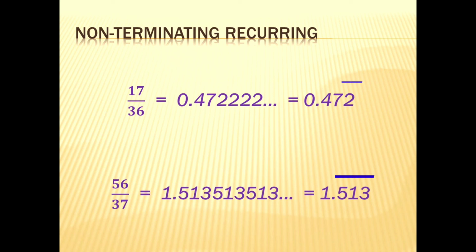So in these two examples, either one digit or a group of digits is recurring. They are read as 0.472 bar or 1.513 bar.